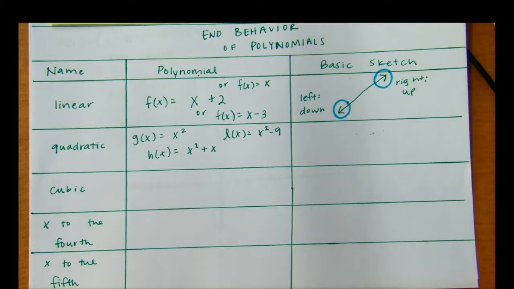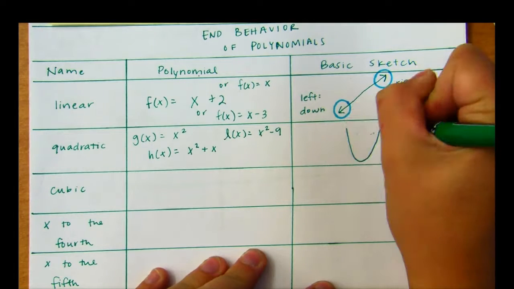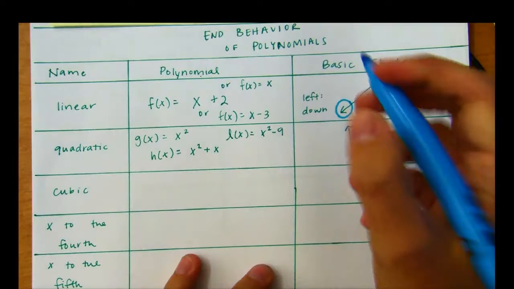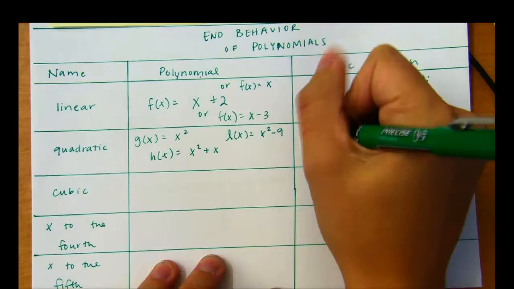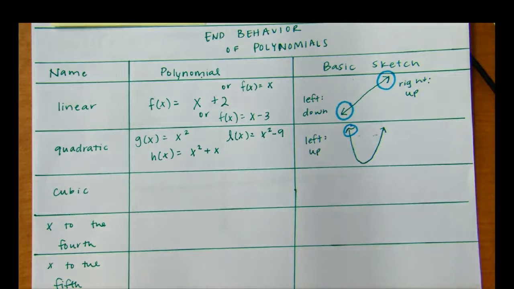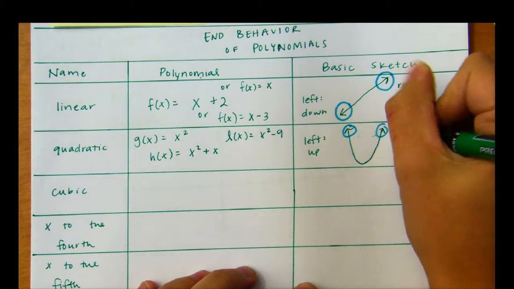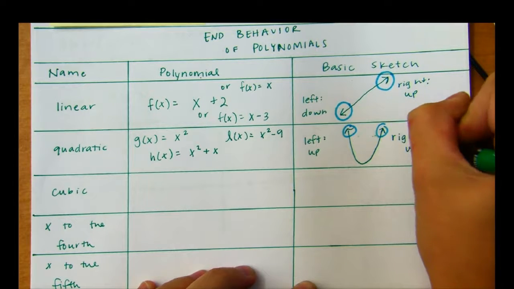We know from our parent functions that our basic sketch of a quadratic equation looks like a parabola. If I focus on the end behavior of my parabola, on the left side my arrow is going up, and on the right side, I'm also going up.